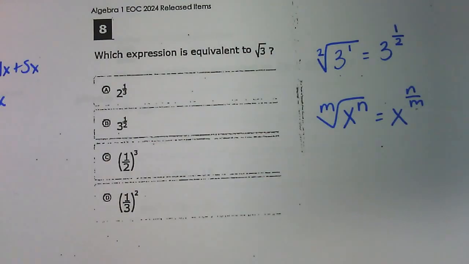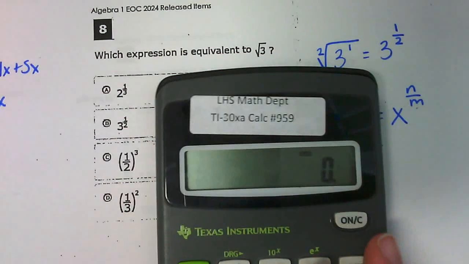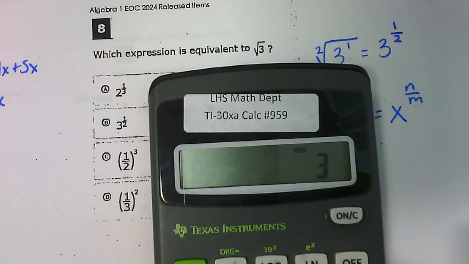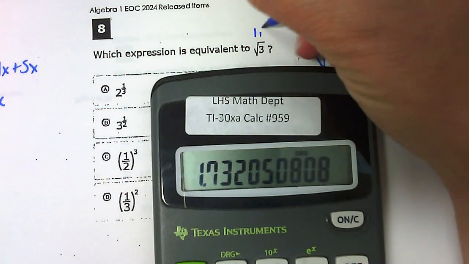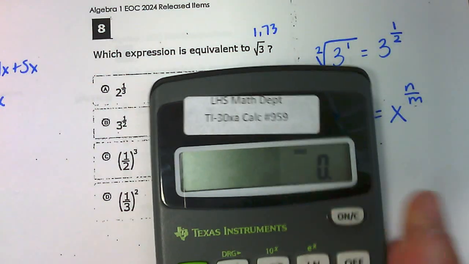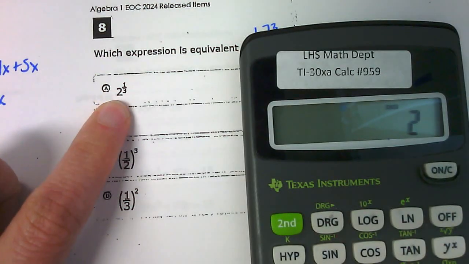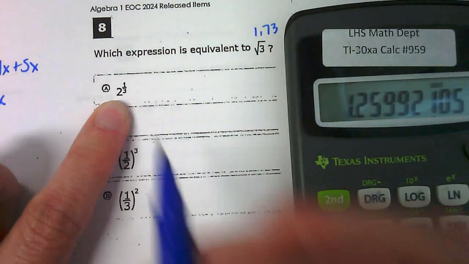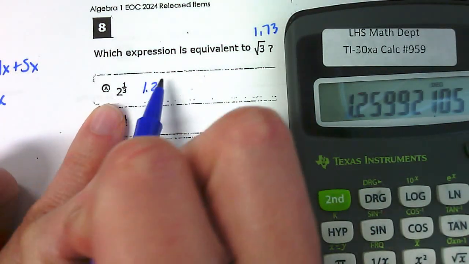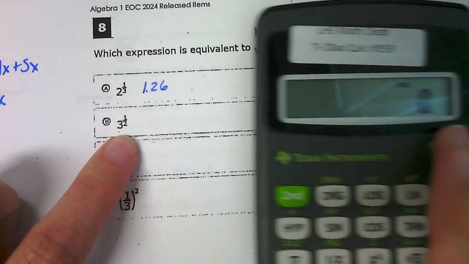Now, if you completely forgot that, you can use your calculator to help you. If I take the square root of 3 in my calculator, I get 1.73 if I round. If I put in 2 raised to the 1/3, I get 1.25, or 1.26, sorry. So that's not the same.